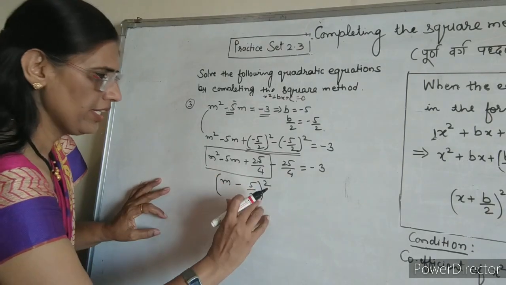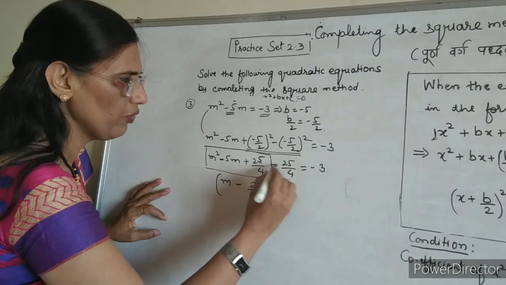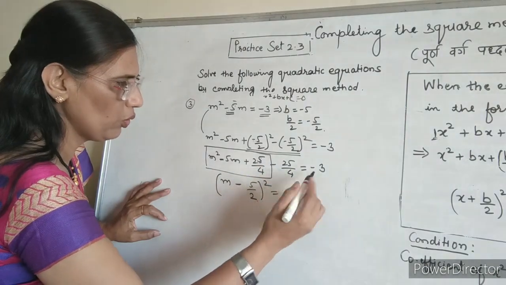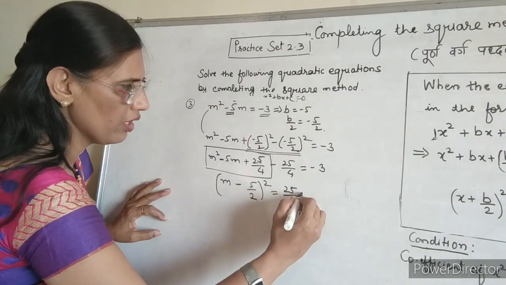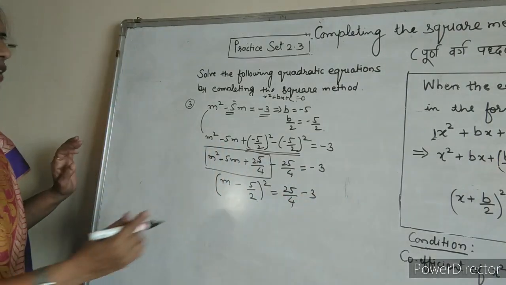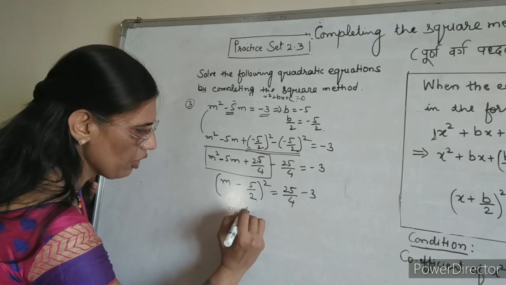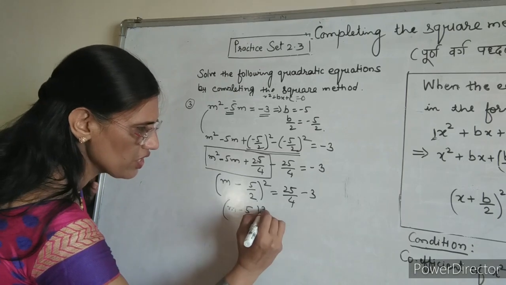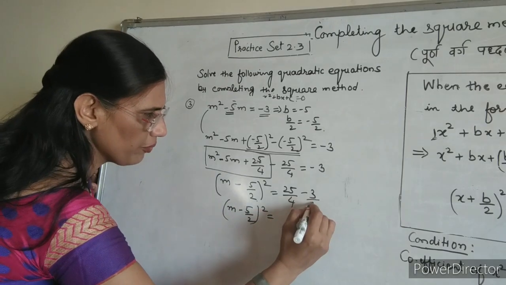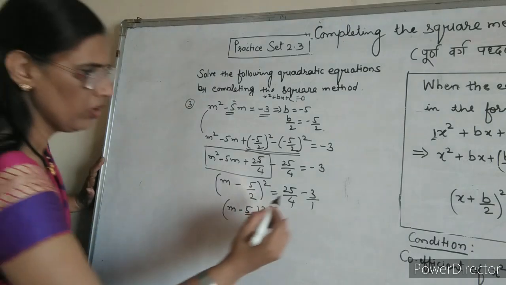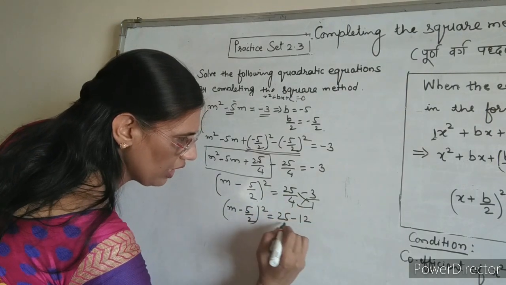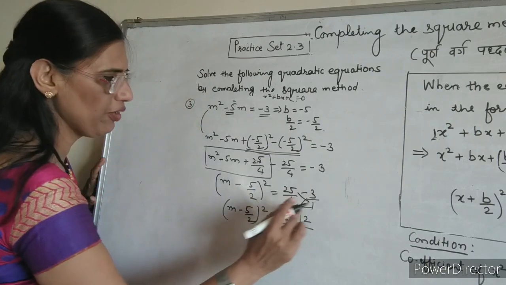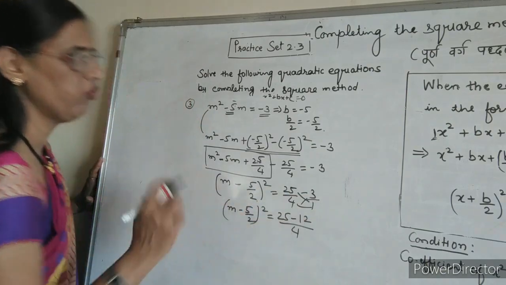This is an important note. Now we get a complete square, and you will add 25 by 4 to both sides. We get 25 by 4 minus 3, right? So we get (m minus 5 upon 2) whole square is equal to, here the denominator is 1, therefore cross multiplication, we get 25 minus 12 upon 4. 25 ones are 25, 4 3s are 12, here 4.